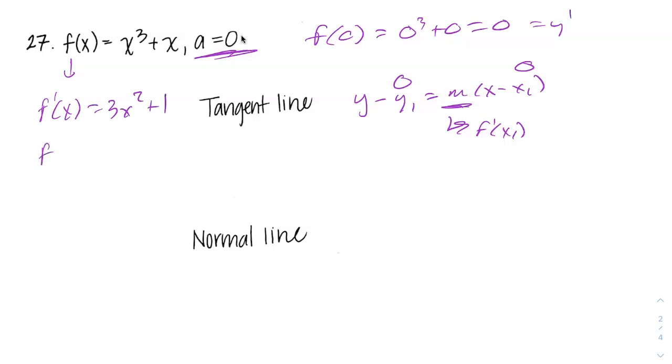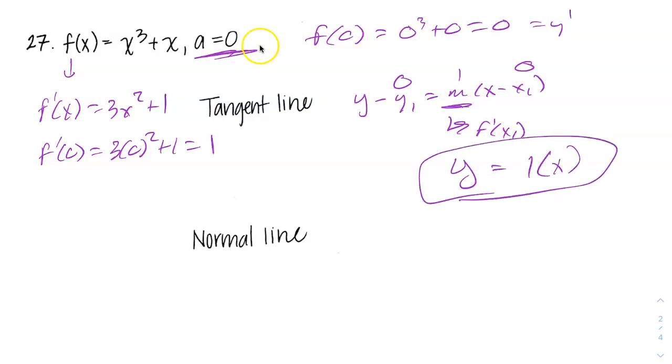Plug in our a, which is 0, so I just get 1 there. So I get y equals 1x. I simplified everything. And that makes the normal line y equals negative 1 over 1 times x.